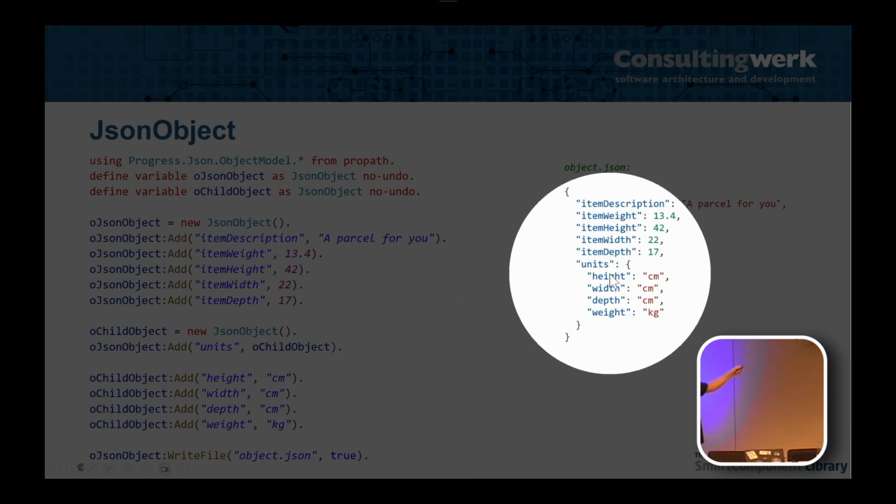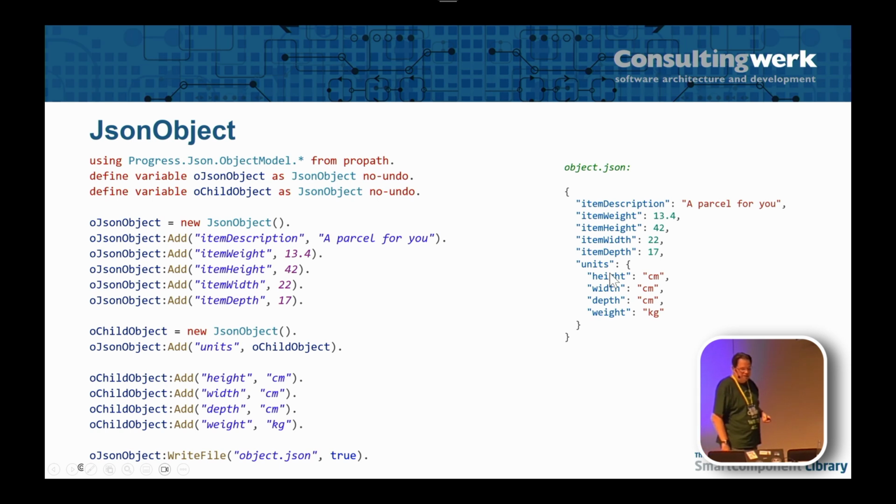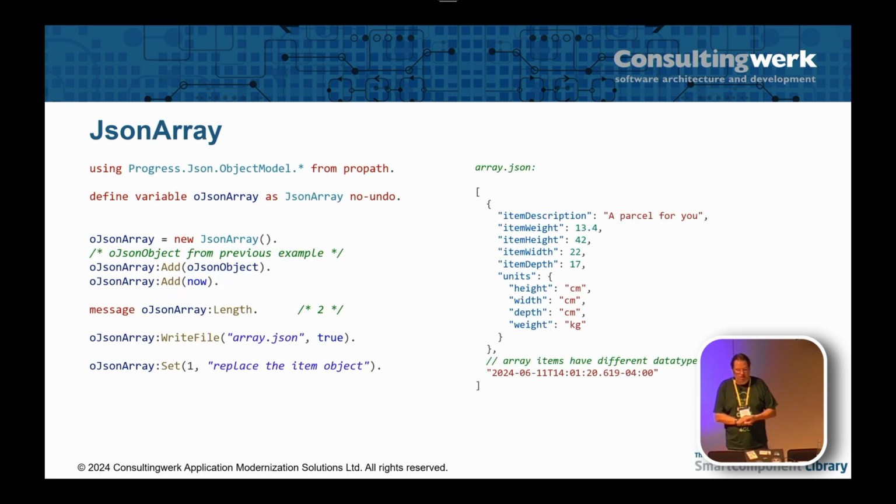One thing that can be a change for ABL developers, JSON is usually case sensitive. So you should expect that when you write any of these properties with a capital I in the beginning, the service that receives this data won't understand it. It could be nice, but usually not. So then you can have arrays of JSON objects or strings or whatever.